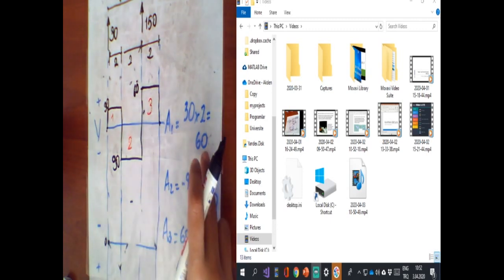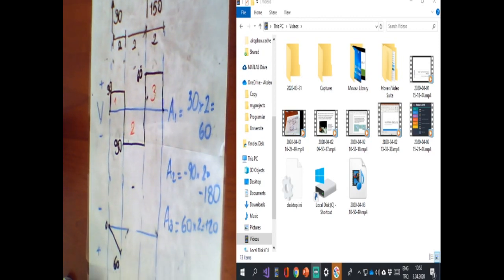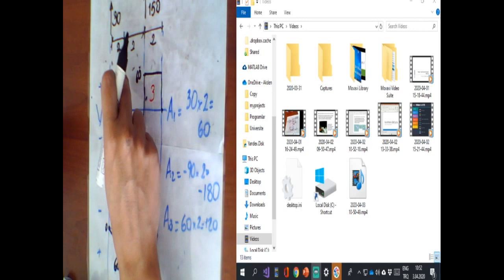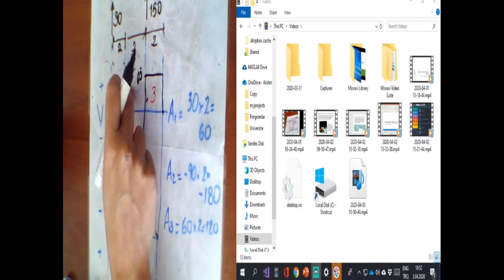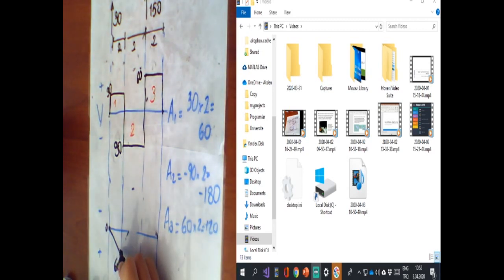Therefore, this is positive 60. I start from 0 to 60, like this. Then from this region, the moment change is minus 180. Therefore, if I add 60 minus 180, I obtain minus 120. Therefore, I put a straight line from 60 to minus 120, like this.